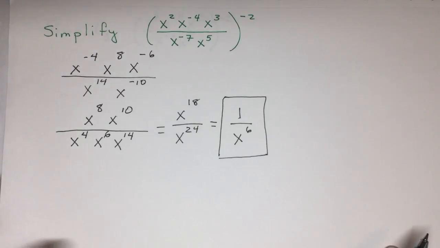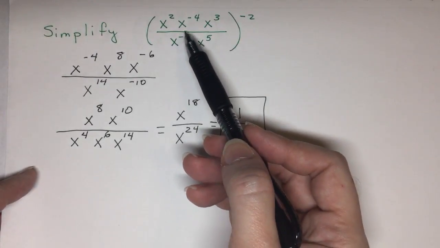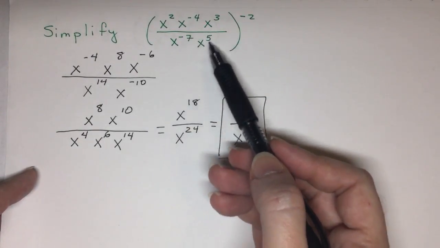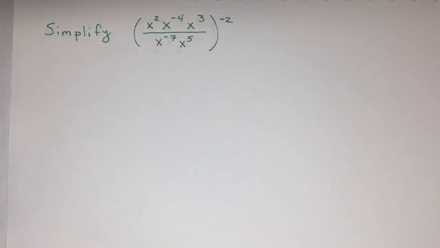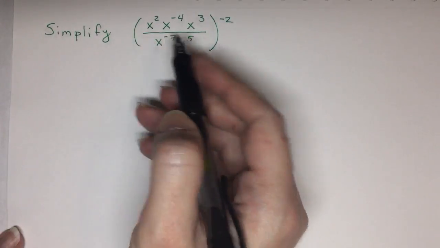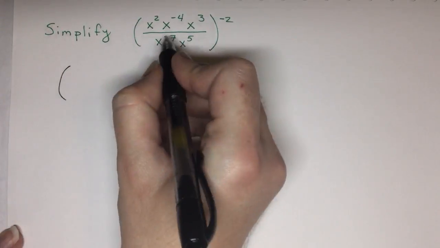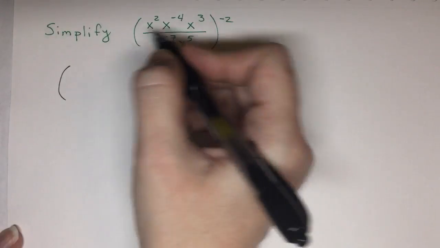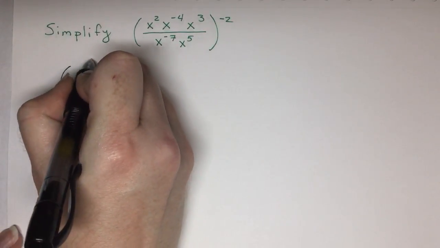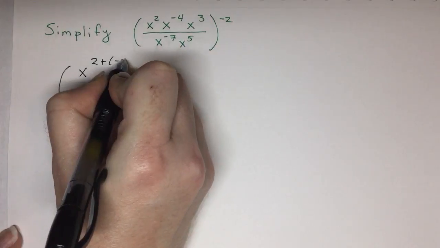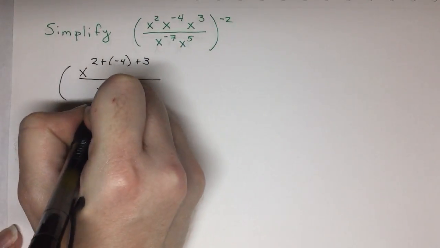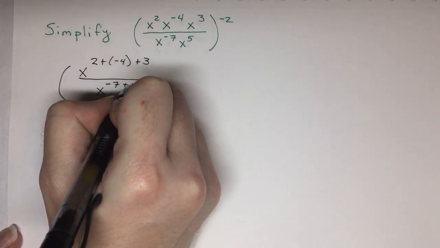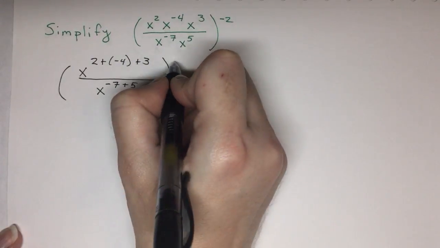We could also have started out this problem by saying, well, let me simplify what's within the parentheses first, because I've got the same base. Working within the parentheses, I've got x to the 2 plus negative 4 plus 3 over x to the negative 7 plus 5.